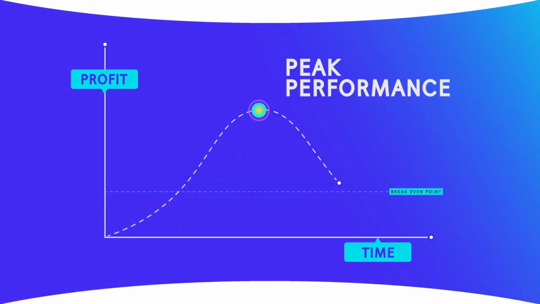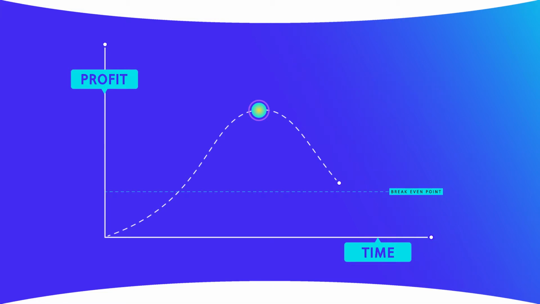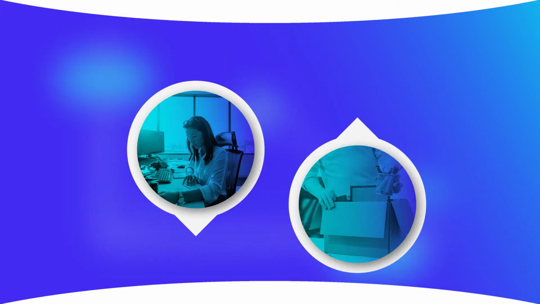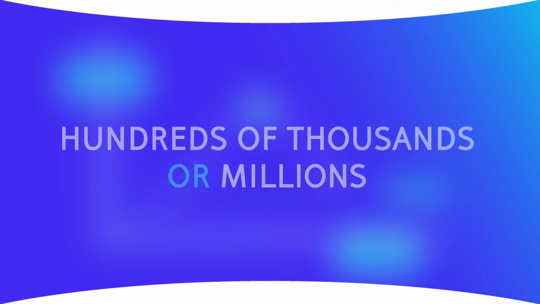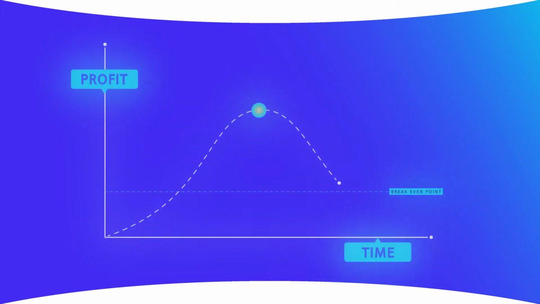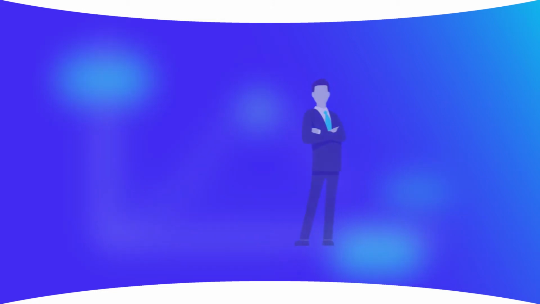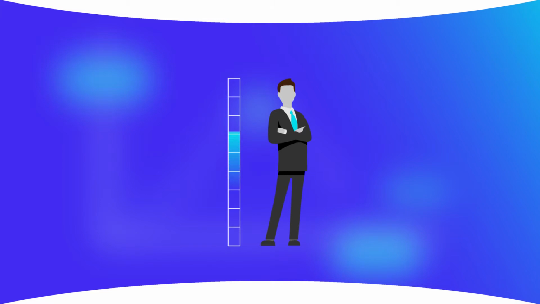The difference between average and peak performance can also mean the difference between that employee staying or leaving. It can also mean hundreds of thousands of dollars or even millions in additional revenue that can be generated when peak performance is achieved. It is while an employee is at peak performance that they are deriving maximum profitability for the organisation. So it's important to not only reach this point, but also sustain it for as long as possible.